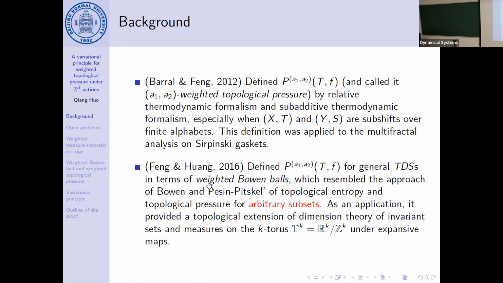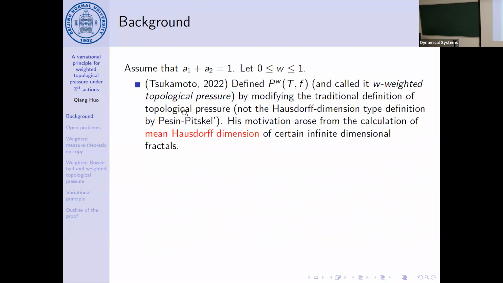I will introduce the weighted Bowen ball later. And now we assume that A1 plus A2 equals 1. Otherwise, one could make some scaling transformation and let W be bigger than 0 and less than 1.